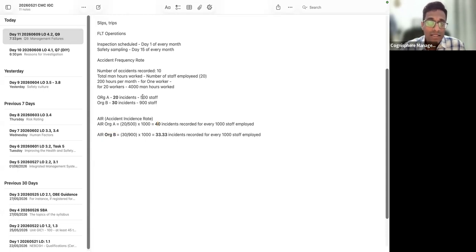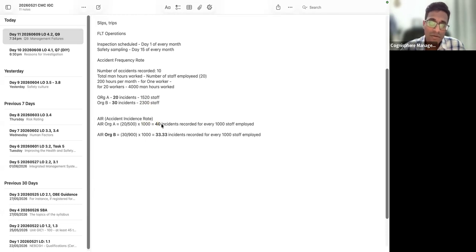Now, let's consider the number of staff. Instead of a three-digit number like 500, let's say they have a four-digit number like 1520 staff, and here they have 2300 staff. Now this multiplier, instead of 1000, because if you use 1000, you would not get a meaningful number.